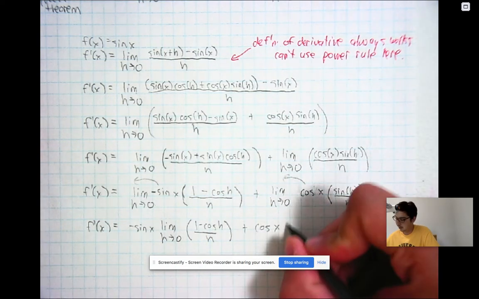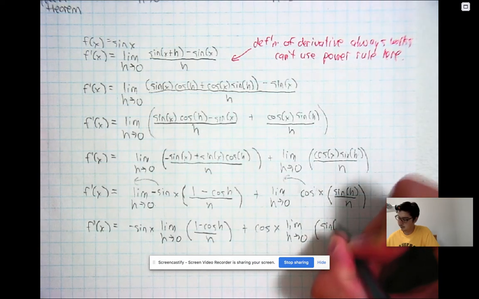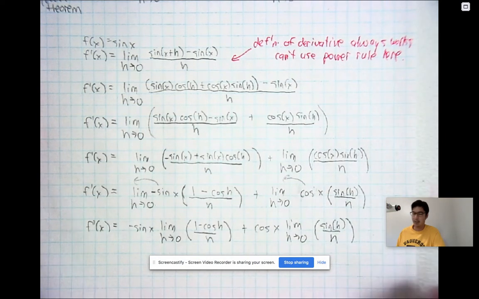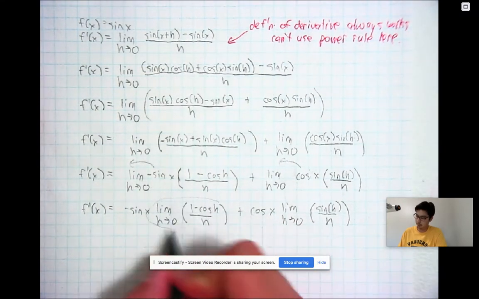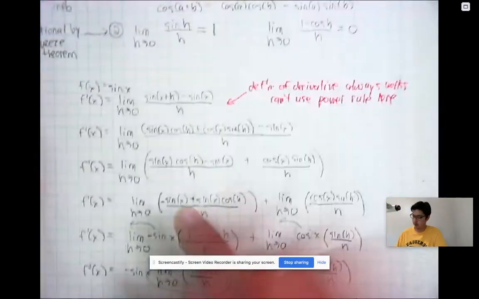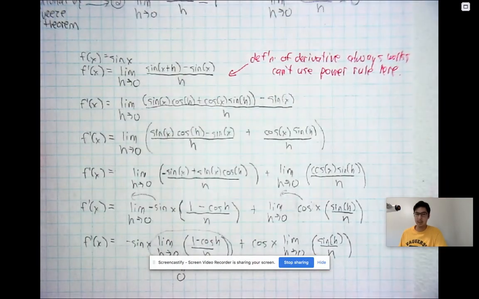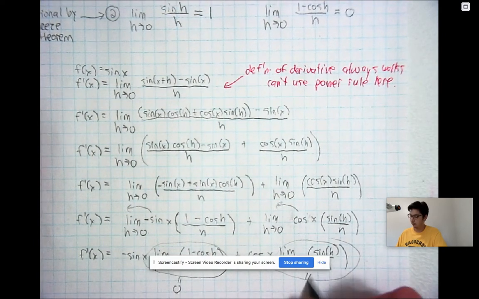So you get plus cosine of x, limit as h approaches 0 of sine of h over h. And thus, we use our second property here, where this whole thing, by the squeeze theorem, will equal 0, and this whole limit will equal 1.